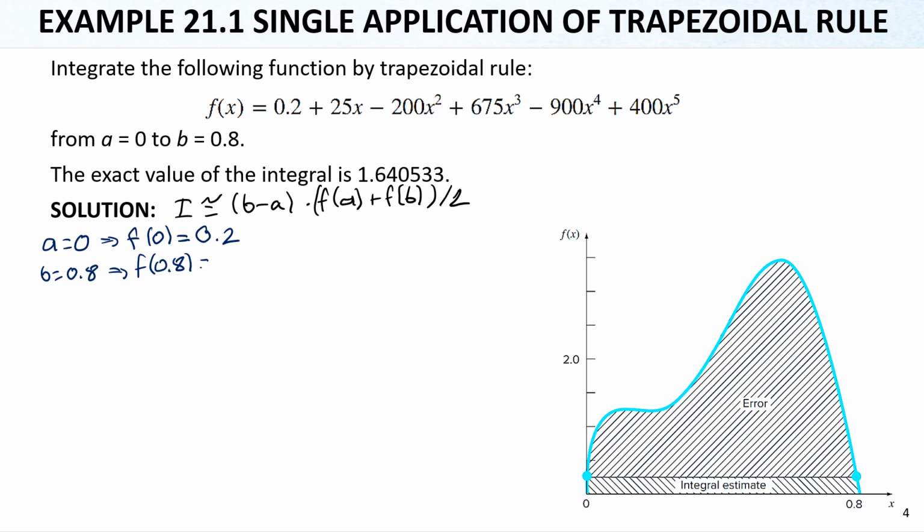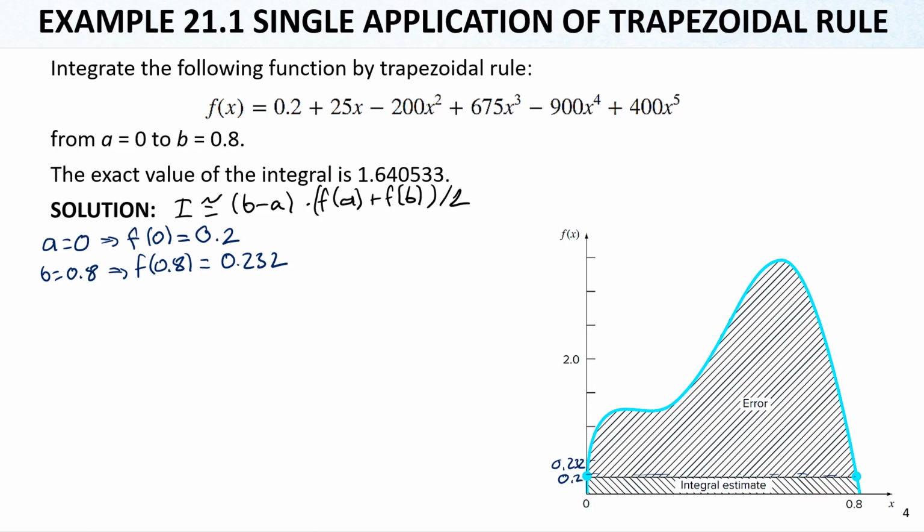When you put this into the function, this becomes 0.232. So graphically you can see for 0 it's 0.2 here, and for 0.8 it's actually a little bit higher, maybe this 0.232. That's why when we have a linear approximation using this, there is a large error here. So the integration will be very low, the area under this.